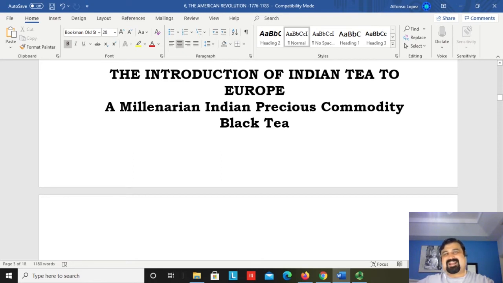This is a product that the Indian peoples have grown and consumed for many, many centuries, thousands of years. So this crop is of course tea. Black tea, that is to say. So this is part of Indian culture.